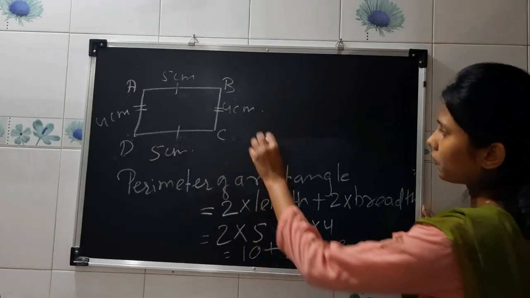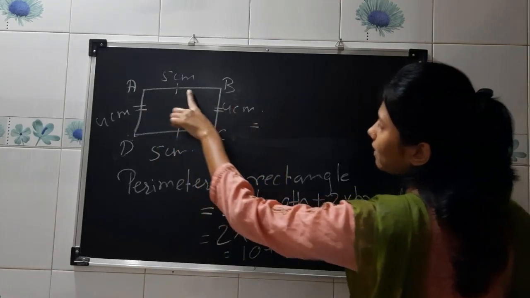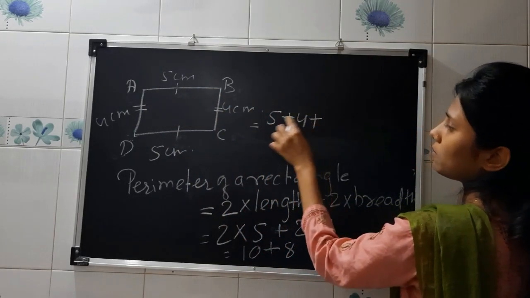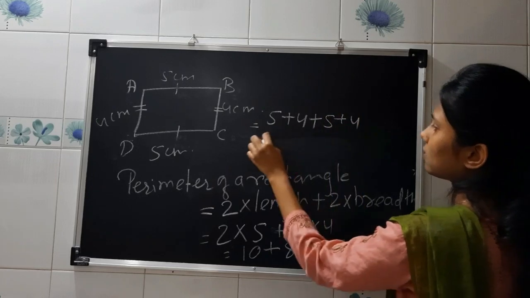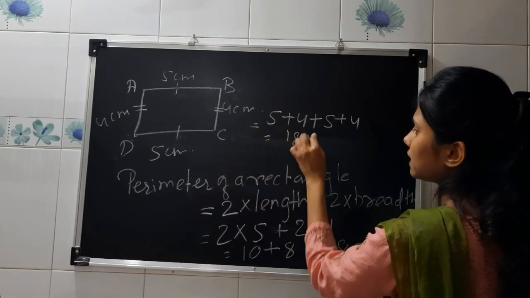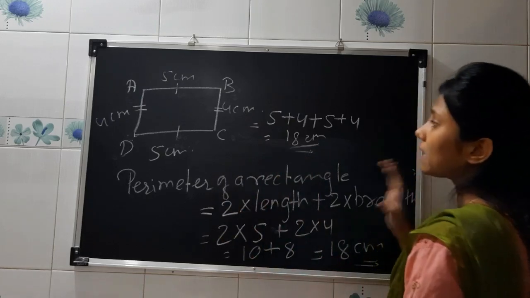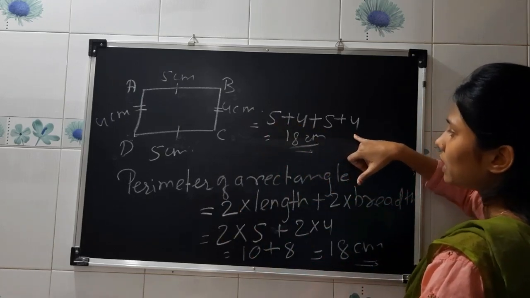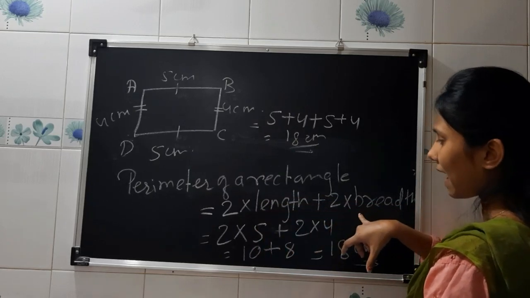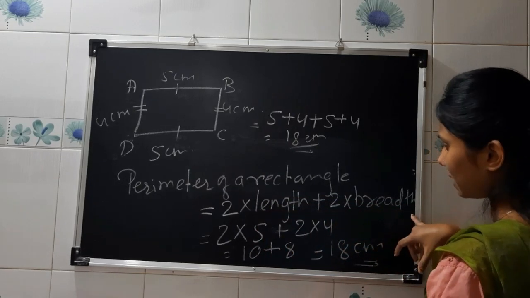If we add all these sides, 5 plus 4 plus 5 plus 4, you will get the same answer, 9 plus 9, 18 centimeter. But instead of doing it this way, you have to apply the formula of the perimeter.